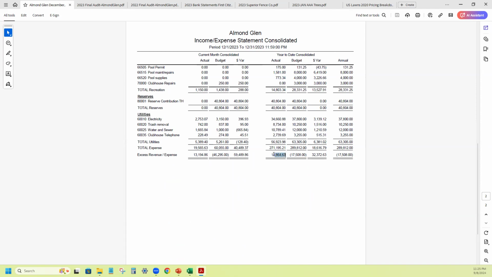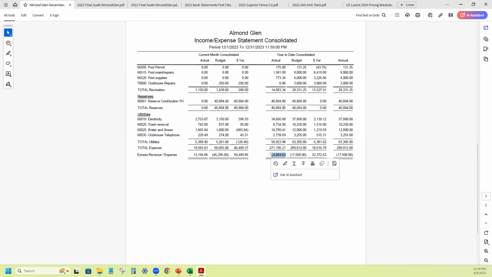You take this last number here, which is the excess of revenue over expense, and you add back the reserve contribution, which is nothing else than a transfer from a checking account to a savings account. On the AMG statements, they run it on a cash basis, but you really just made a transfer from your checking account to your savings account.